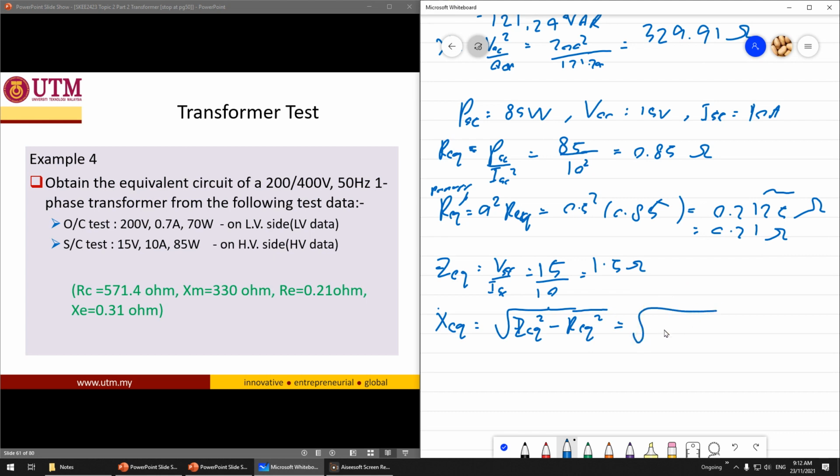So square root of 1.5 squared minus the original, not the converted to the primary one. Okay, so 0.85 squared. So you have to use the original parameter. So 1.5 squared minus 0.85 squared, don't forget the square.